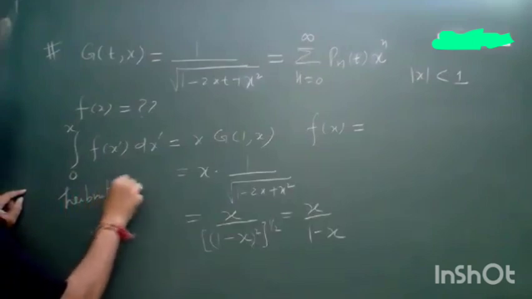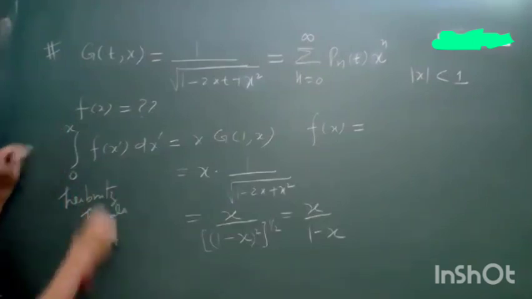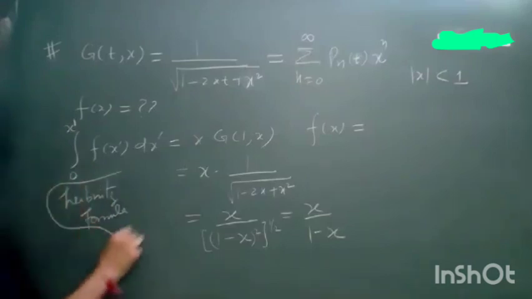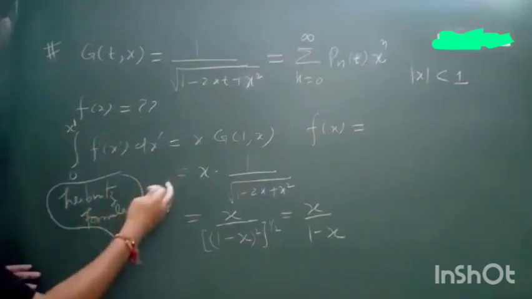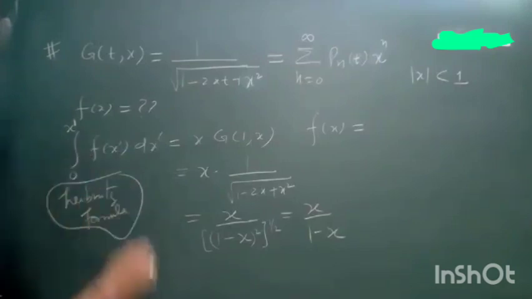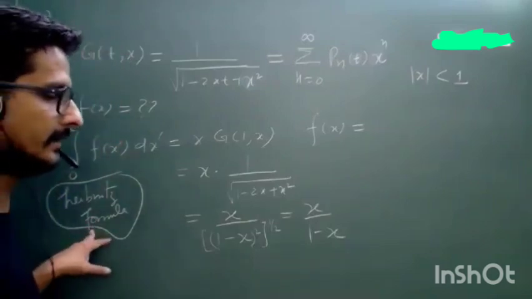But here nothing will happen, because the upper limit has power 1 and the lower limit is 0, otherwise things will be the same. So everyone note this down. How do we apply the Leibniz formula when integration is like this and you want to take the derivative? Then the Leibniz formula is applied. Correct? Did everyone note this?